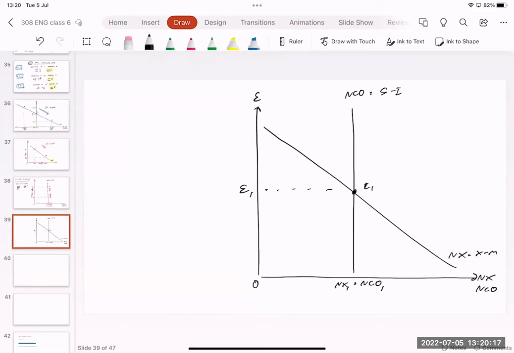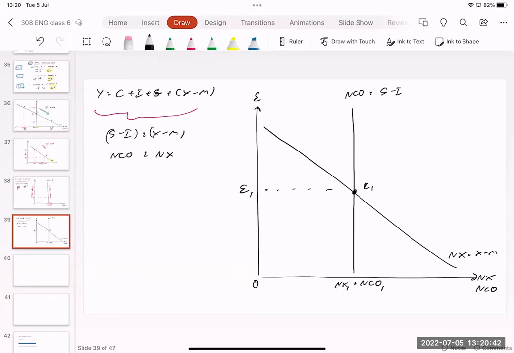This is going to be the same story as the equation that we learned before: Y equals C plus I plus G plus X minus M. Remember, we solved the equation together and got S minus I equals X minus M. S minus I is NCO, and X minus M is NX.